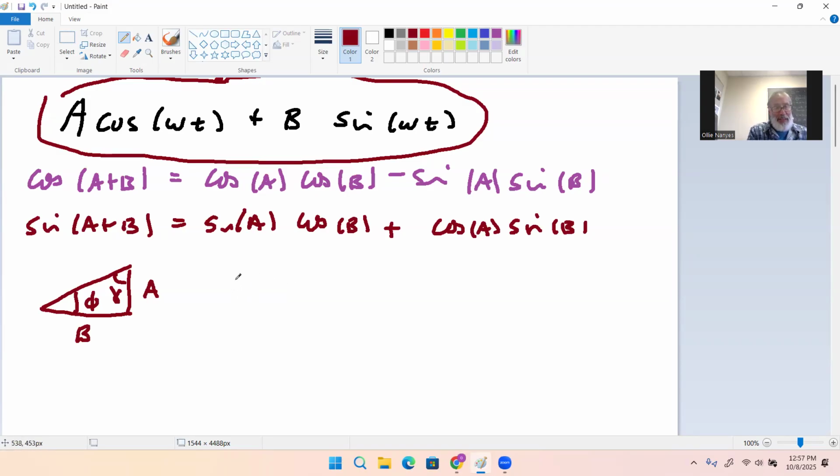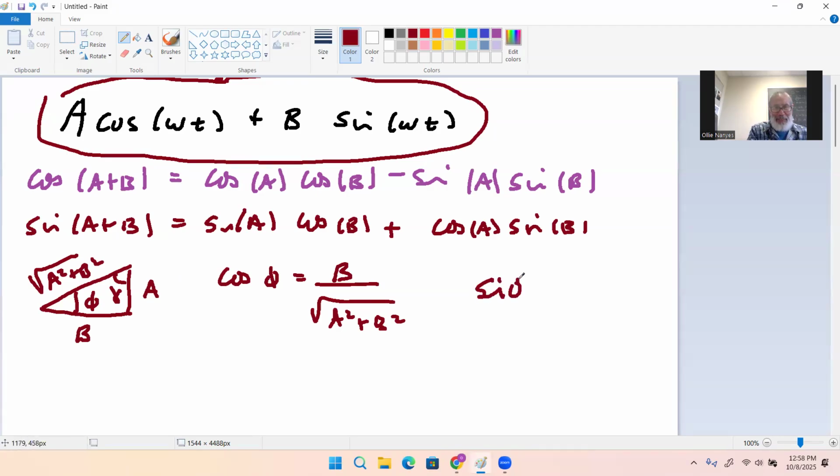If we use phi, the cosine of phi is equal to b over the hypotenuse, which by the Pythagorean theorem is the square root of a squared plus b squared. And the sine of phi is opposite over hypotenuse.